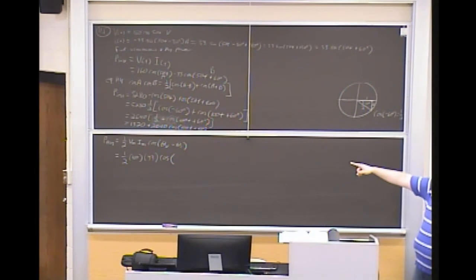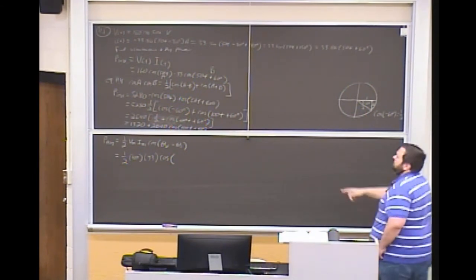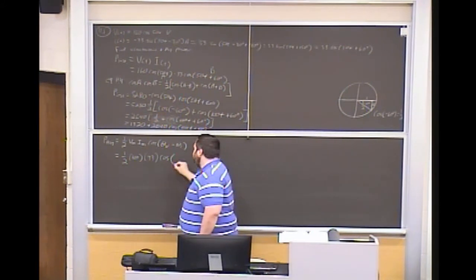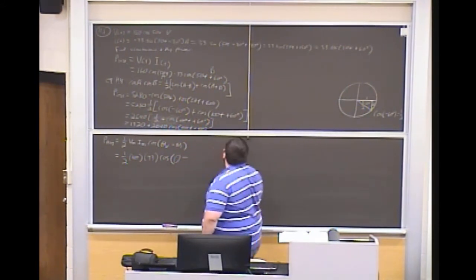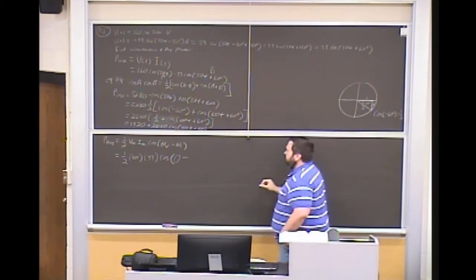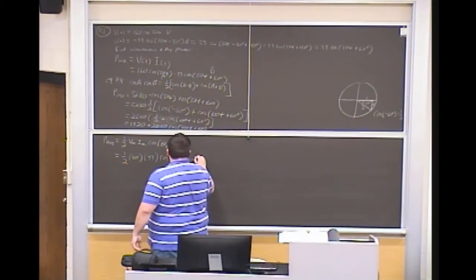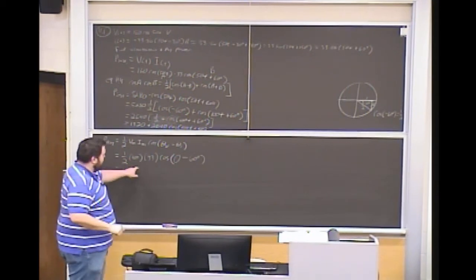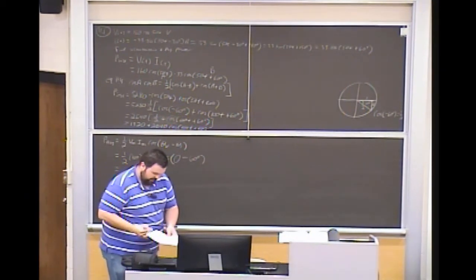Okay? And so now, what is my theta v? Do I have any phase offset right there? 0 minus 60 degrees. And so, if you multiply this out, this becomes 80 times 33.